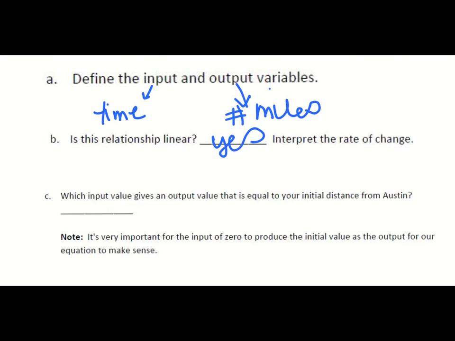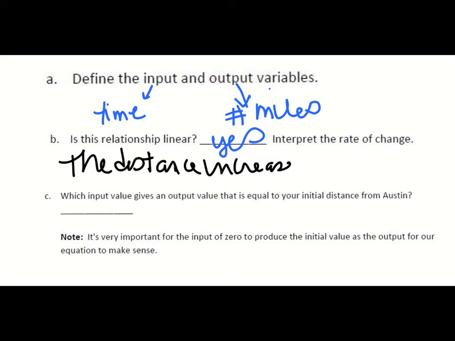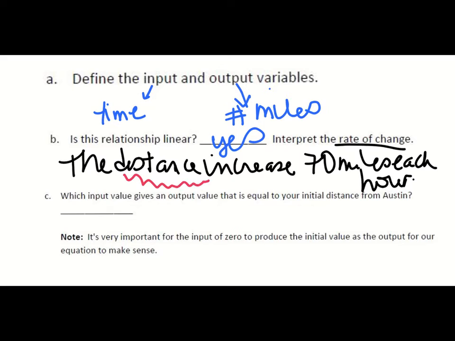And basically your distance increases 70 miles each hour. So when I ask you to interpret the rate of change, you have to tell me your distance, your output, what your rate of change is, and then what your input is.